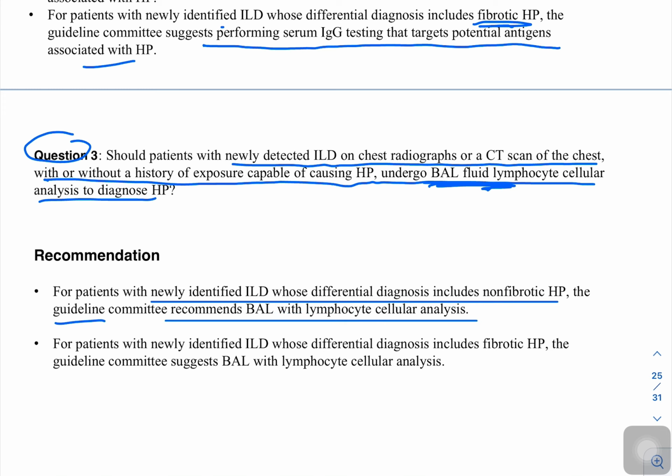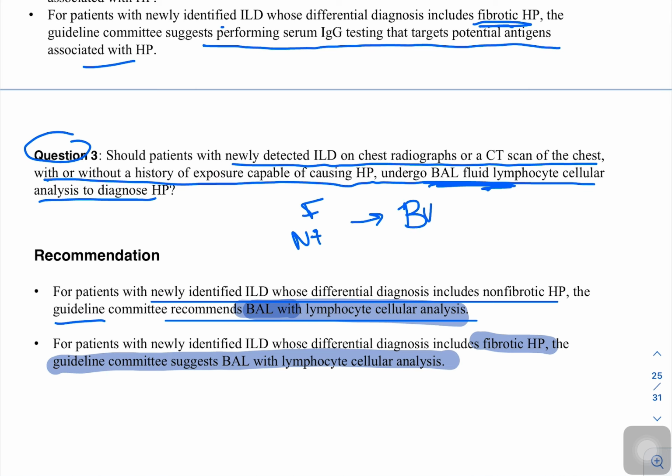So we should go for BAL to identify lymphocytes with cellular analysis. And for a patient with newly identified ILD whose differential diagnoses include fibrotic HP, the guideline committee suggests the same. So whether it is fibrotic or non-fibrotic, we should go for BAL and check lymphocytes.